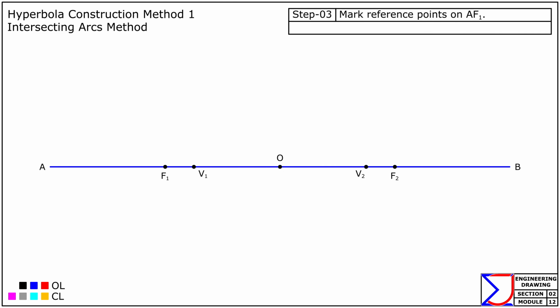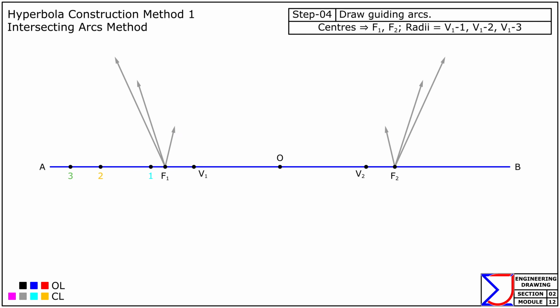Then, mark several points at convenient, not necessarily equal, intervals along AF1, for example, 3 points, and label them accordingly, as shown. Now, using F1 and F2 as centers, and with radii equal to distances V11, V12, V13, draw arcs to provide guides for plotting the final curve.